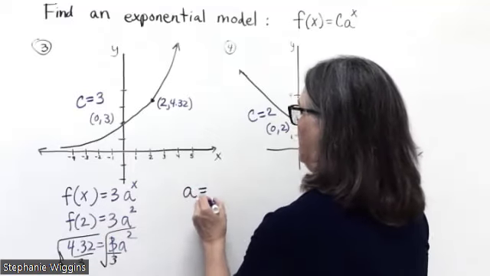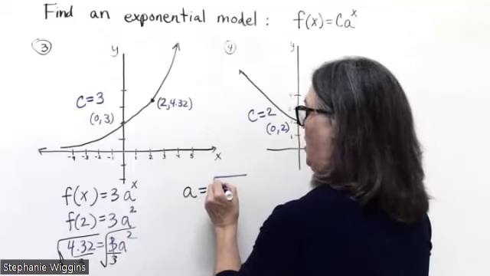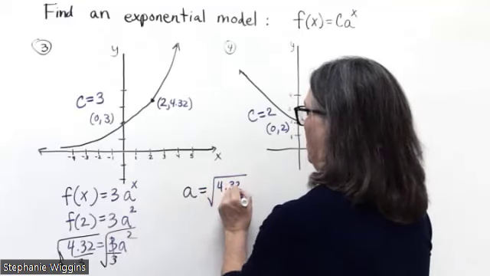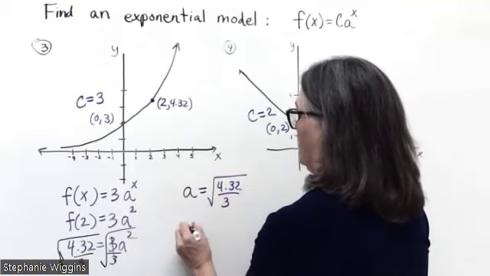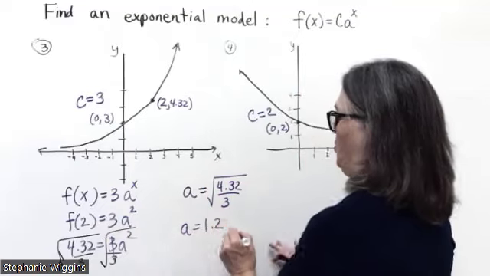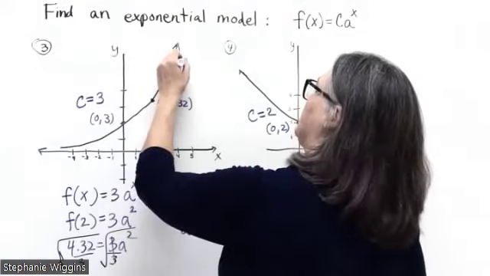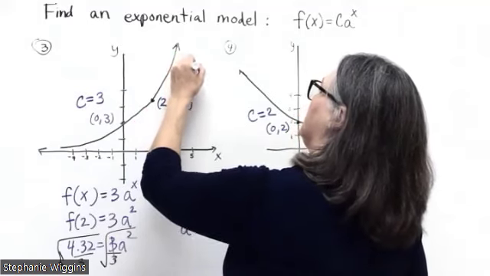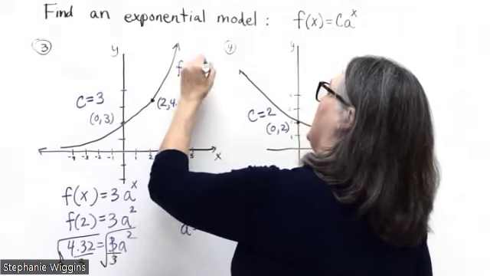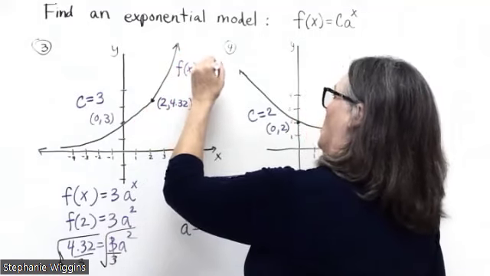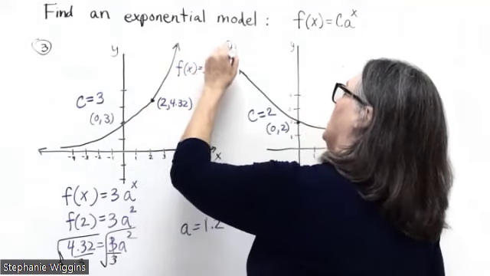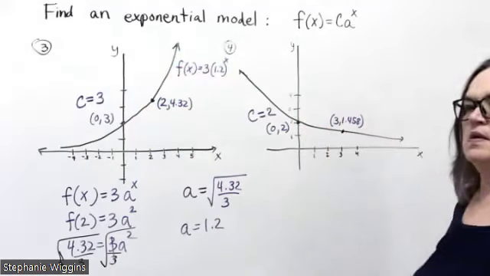And then this is the square root of 4.32 over 3. And so then a is 1.2. So our model for this exponential function is f of x equals 3 times 1.2 to the power of x.